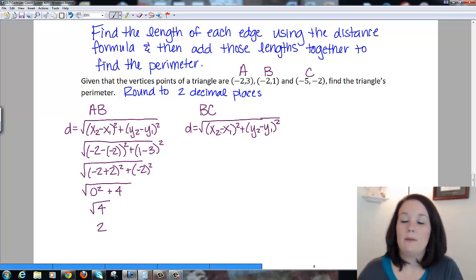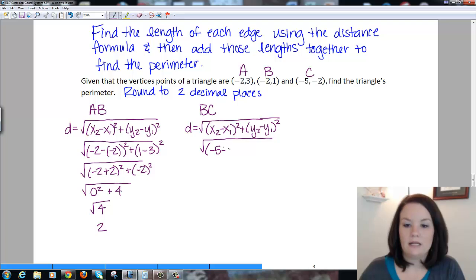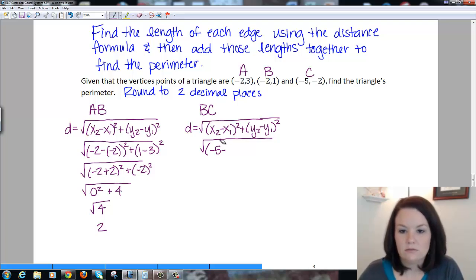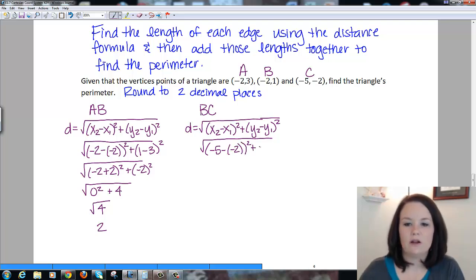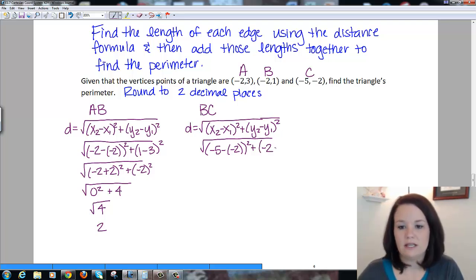Now my second point is C. So I need to do the square root of my second x, which is the x from my C point, which is negative 5, minus the x from my first point, which is my B point, which is negative 2, squared, plus my second y, which is from my C point, which is negative 2, minus my first y, which is from my B point, which is 1, squared. And then I just simplify.